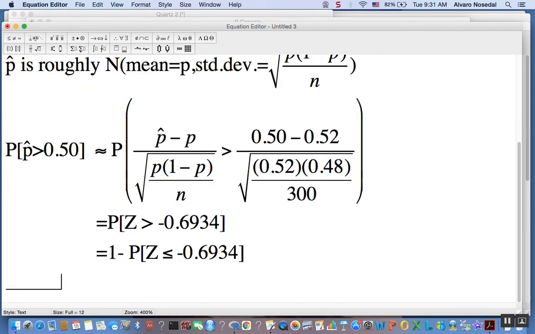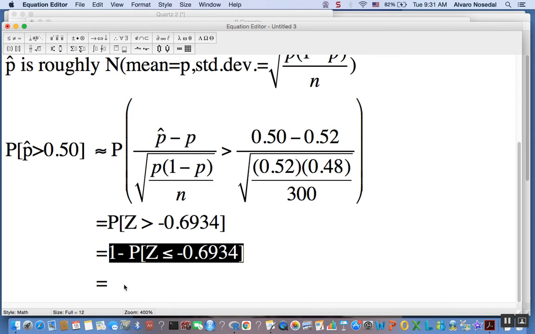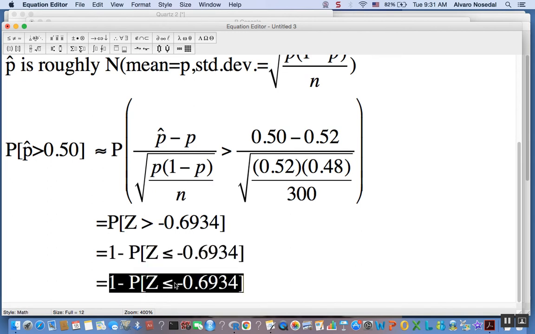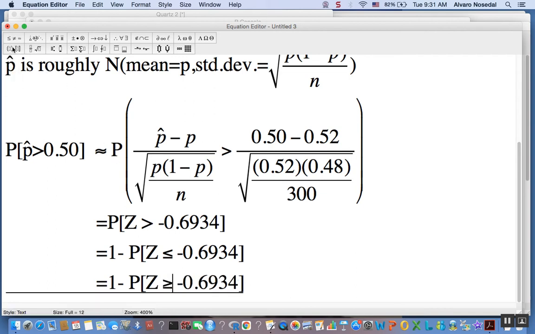Now, note that the probability of a normal being less than negative 0.69 is the same as the probability of a normal being greater than the positive version of 0.69. And I'll tell you why I'm doing that in a second. So by symmetry, that's the same, right? Z is symmetric.